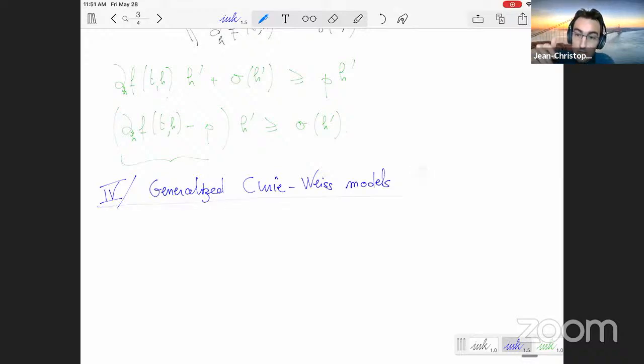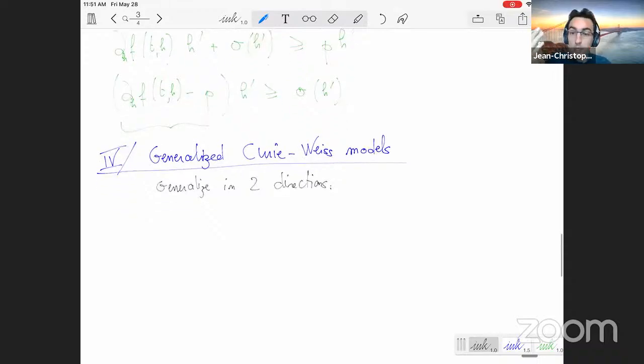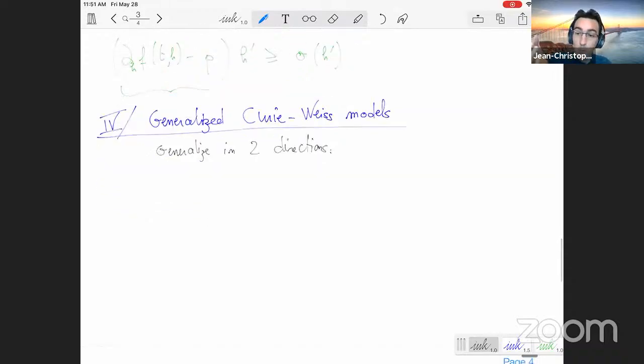So I want to generalize the query-based model in two directions. The first point, and perhaps the most important one, is that I want to consider more general types of interactions.